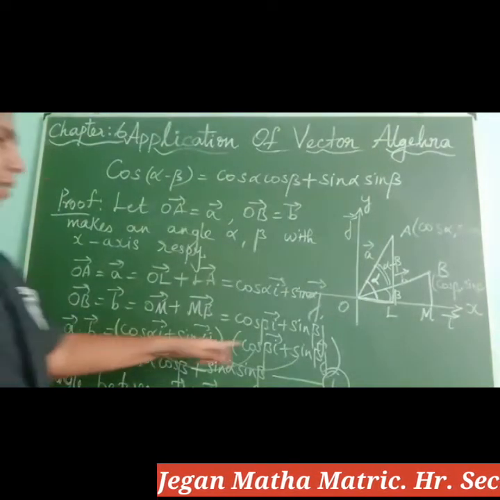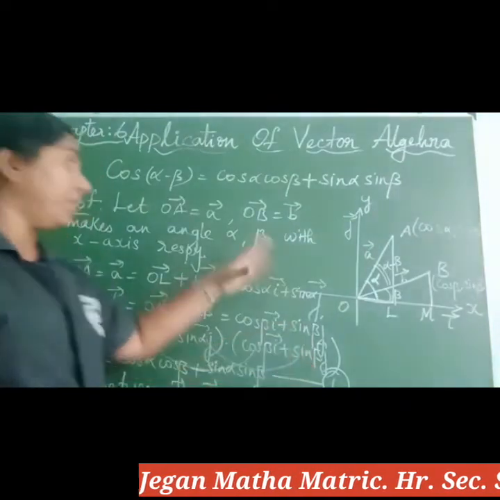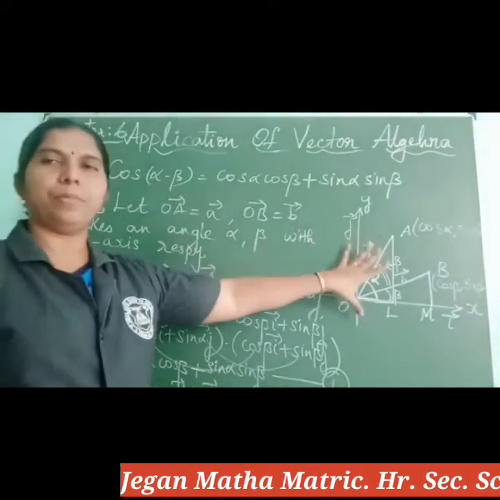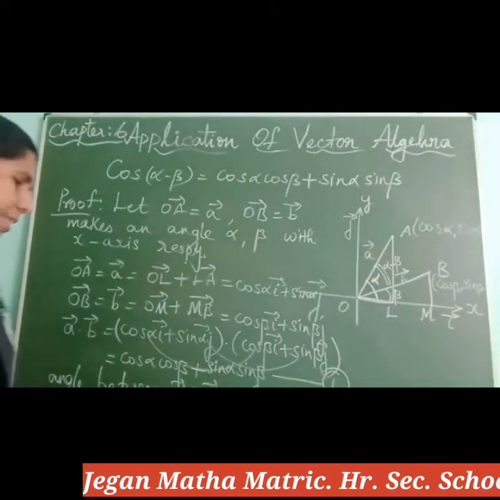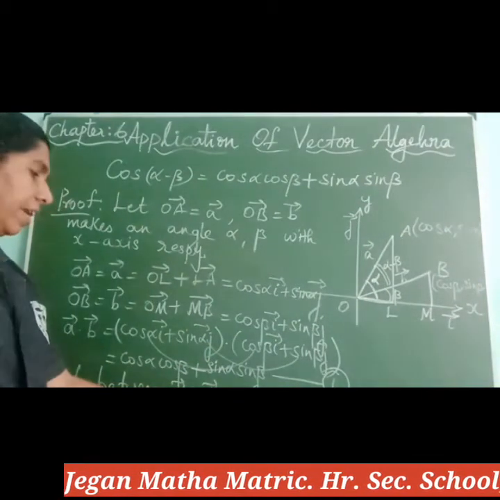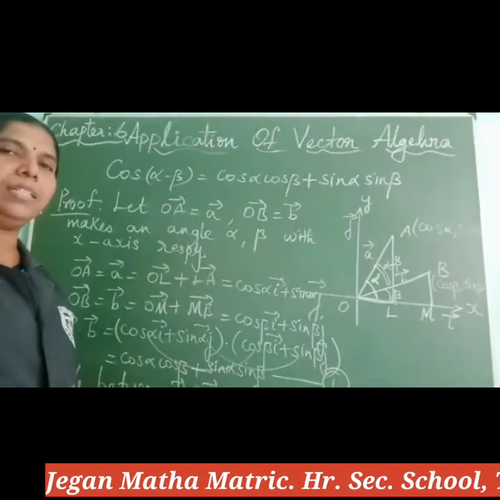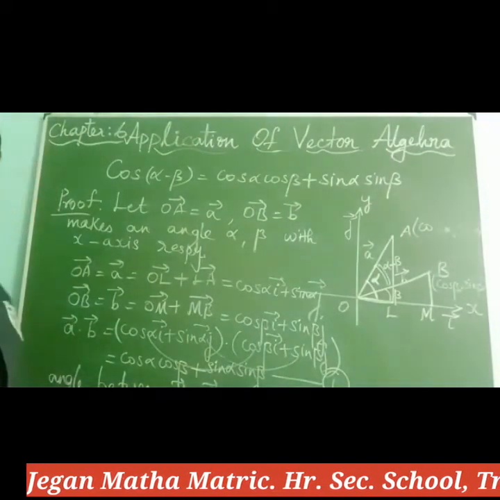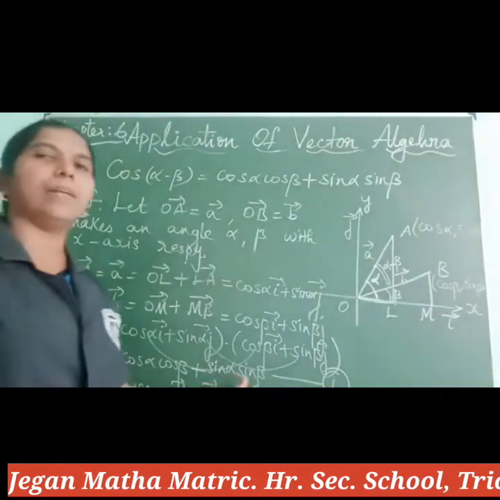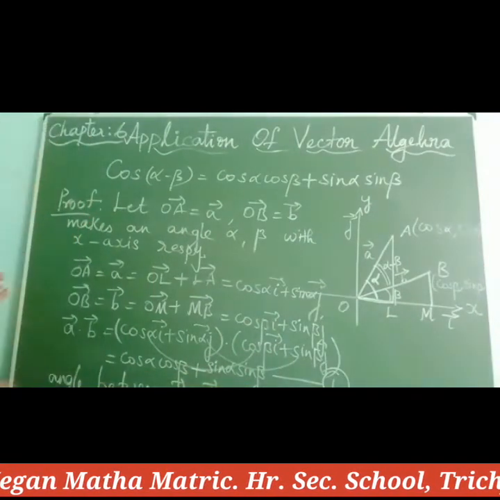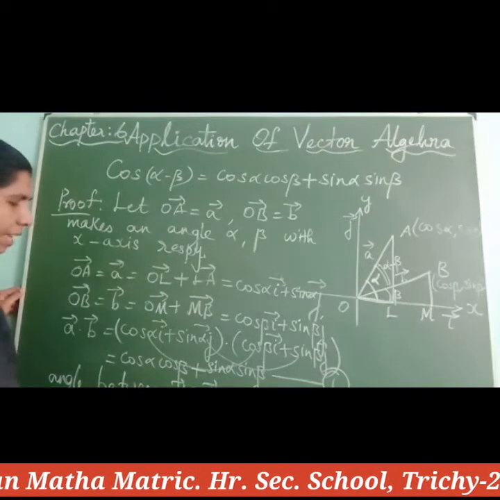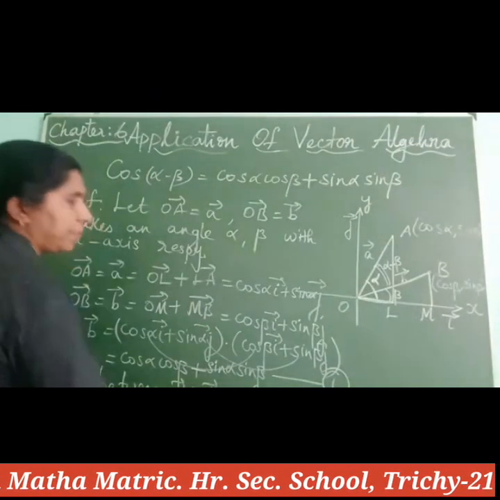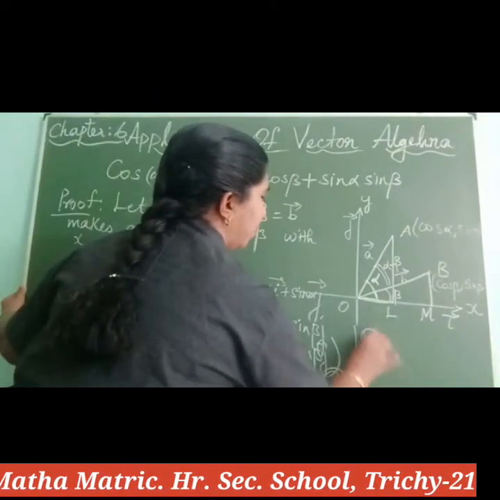The first one we got with the values we found from the figure. The second one we write from the definition: if A and B are any two vectors and theta is the angle between them, then A dot B is equal to cos theta. Here the angle is alpha minus beta. Therefore A dot B is equal to cos(alpha minus beta). From equations 1 and 2.